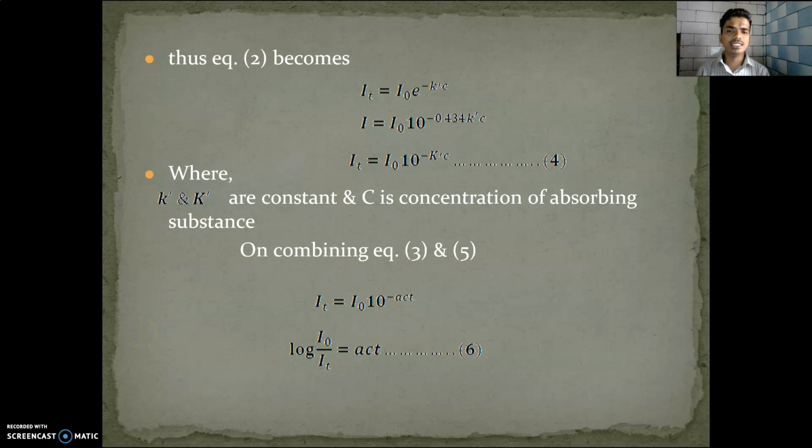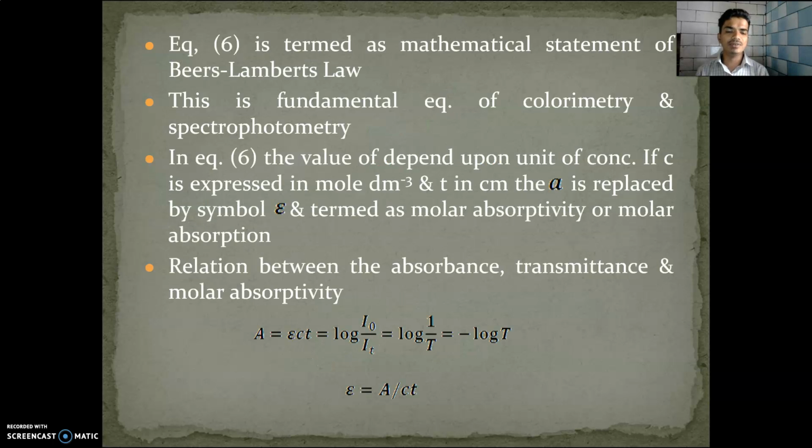I_T = I_0 10^(-aCt) and log I_0/I_T = aCt. Then equation 6 is termed the mathematical statement of Beer-Lambert's law, and this is a fundamental equation of colorimetry and spectrometry. In equation 6, the value of a depends upon the unit of concentration.